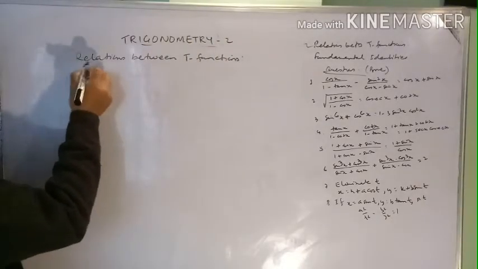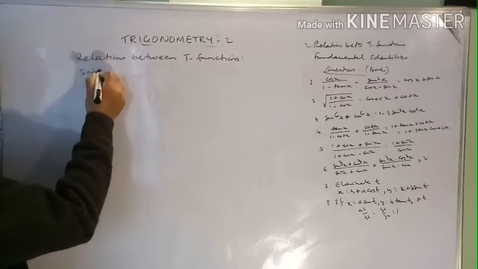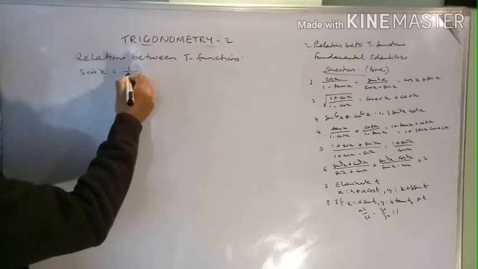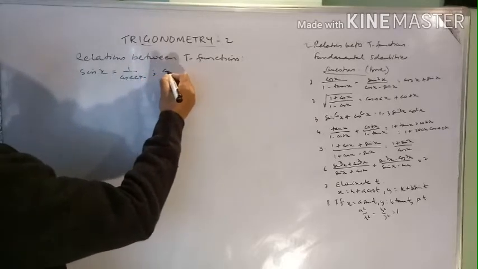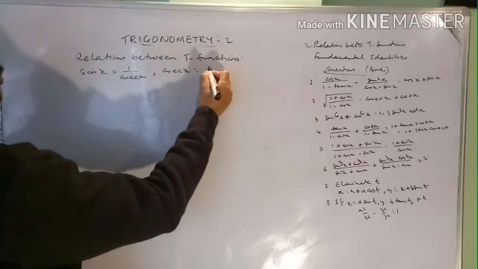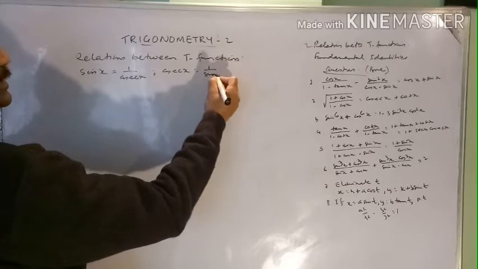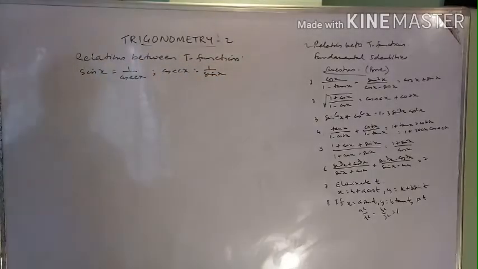Okay, now you know sin x is equal to 1 by cosec x, and cosec x is equal to 1 by sin x. They are reciprocal functions.